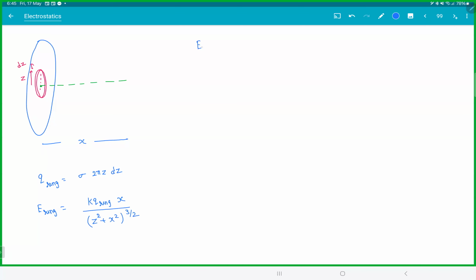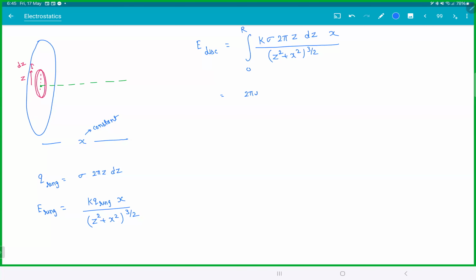So the field due to the disk will be integral k sigma 2 pi z dz x by z square plus x square whole power 3 by 2. Remember here x is constant, z is variable. I should have given this as z and that as x, but okay. The limits of z will go from 0 to r.